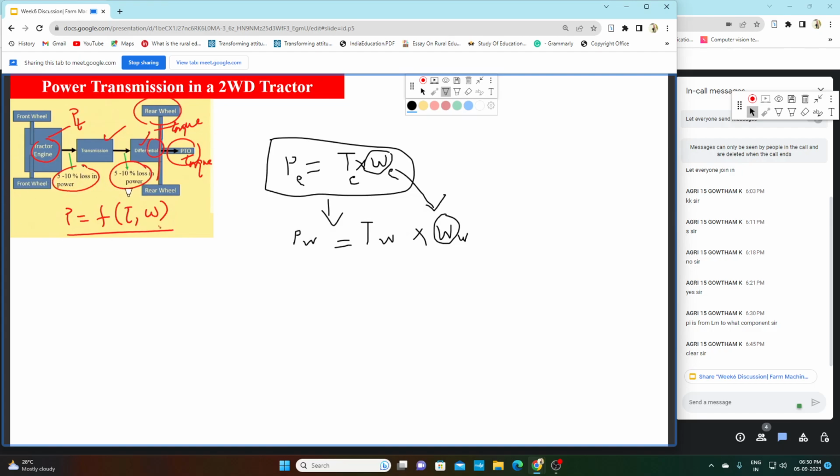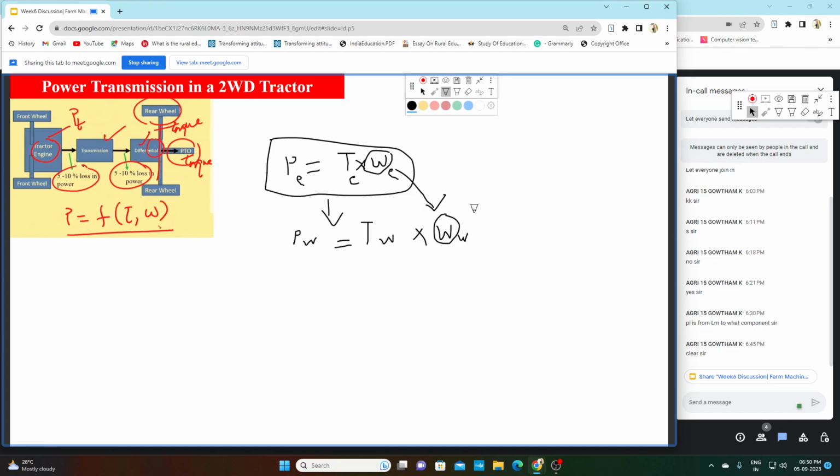So this is the power flow diagram of a tractor. In a tractor the power is generated in the engine, so that is denoted by the tractor engine component here. Now we want this power from the engine to go to the rear wheels as well as the PTO. But in the engine we have very high angular speed.